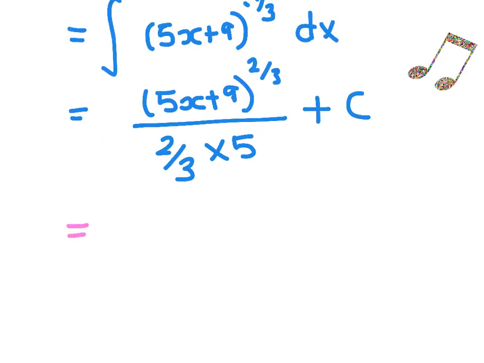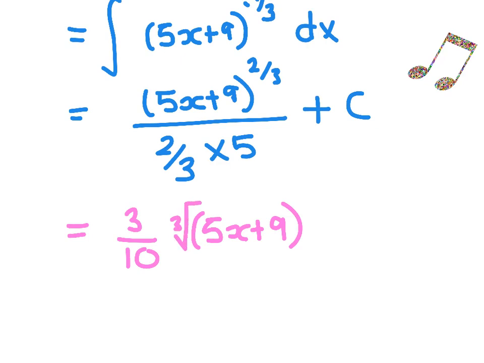So on the bottom, I've got 2/3 multiplied by 5, and that's 10/3. Dividing by 10/3 is the same as multiplying by 3/10. In my bracket, I've got 5x plus 9. It's to the power of 2/3. The third tells me it's a third root, and the 2 tells me it's squared.